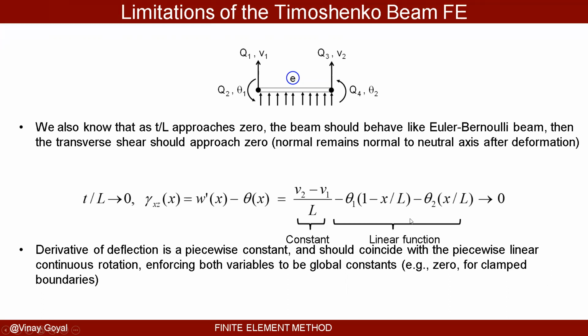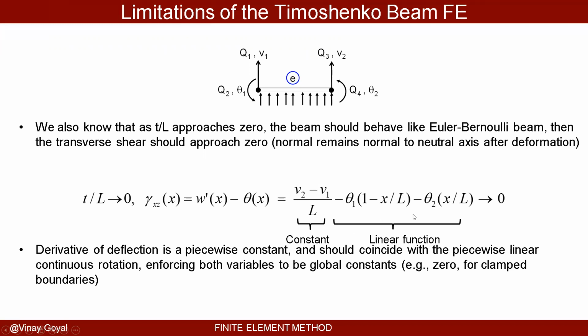We want the fact that as the beam becomes thinner and thinner and thinner, it behaves like an Euler-Bernoulli beam. That's my dream. It's not happening with these shape functions. For W prime, I have a situation where this is constant, theta is here, and I don't know how to get that to zero. The derivative of the deflection is piecewise constant, which is this, and should coincide somehow to this value here that's piecewise linear.